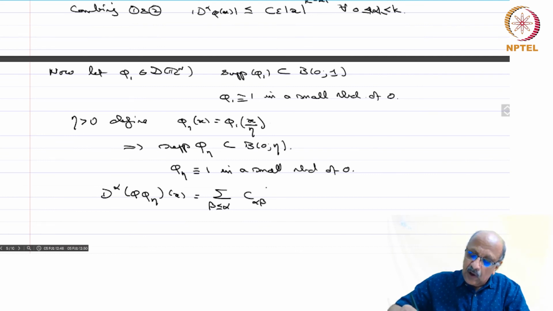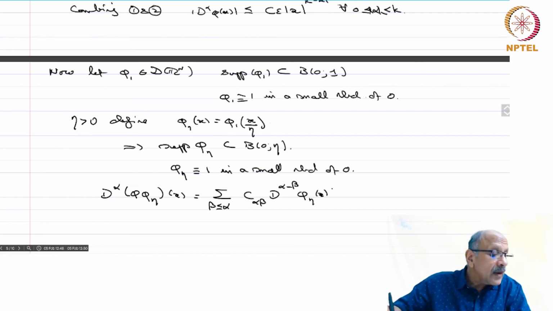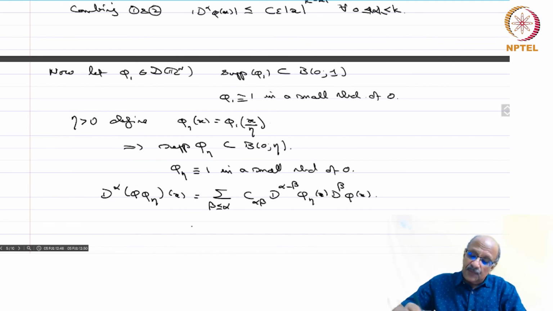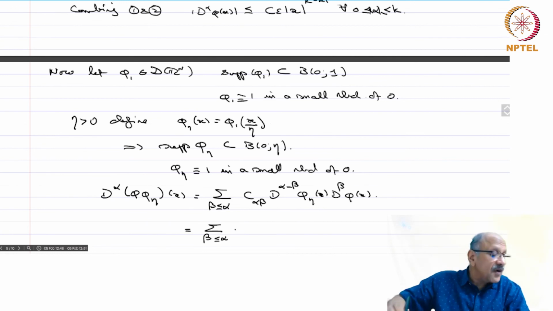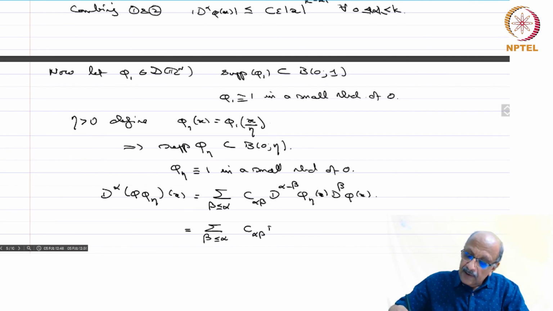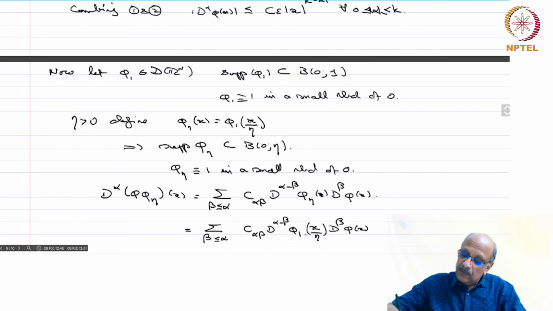This is the sum of C alpha beta, the combinatorial coefficients alpha factorial by alpha minus beta factorial times beta factorial, into D^(alpha minus beta) phi 1 of x by eta times D^beta of phi(x). Since phi eta is phi 1 of x by eta, this will give you the sum over beta less than or equal to alpha of C alpha beta D^(alpha minus beta) phi 1 of x by eta into D^beta phi of x, and then from the chain rule will come 1 by eta to the power of mod alpha minus beta, that will give you eta to the power of mod beta minus mod alpha.